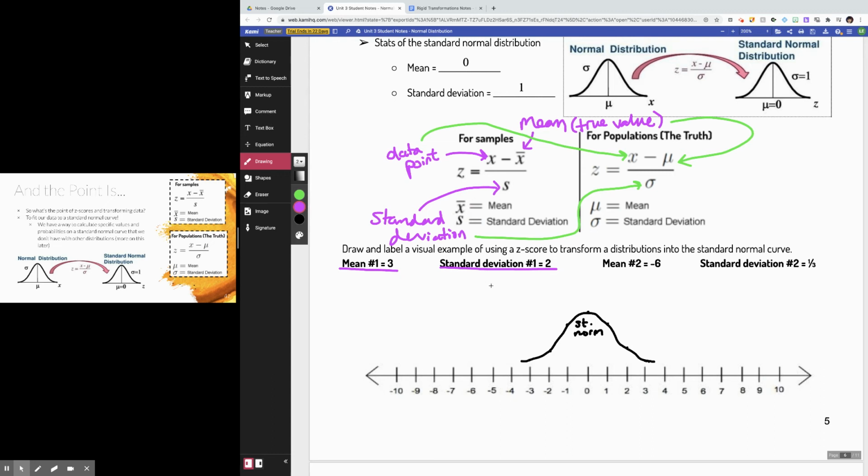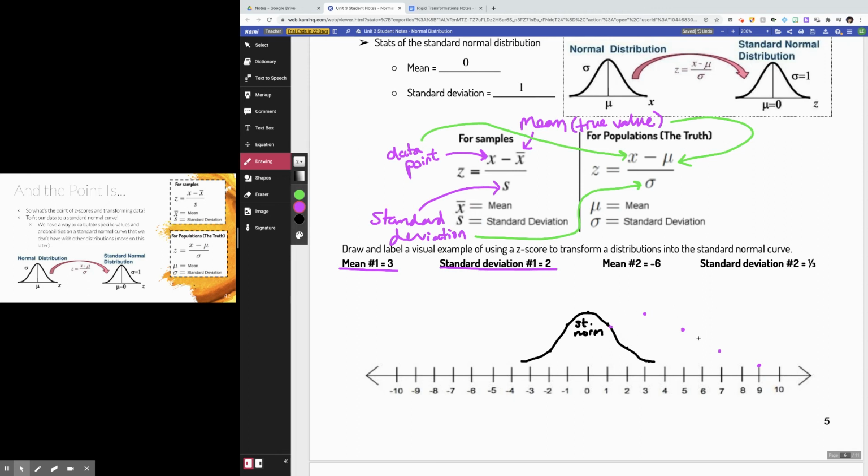Then I'm going to draw on here another normal curve, but this one has a mean of 3. So my data point starts here at 3, and it has a standard deviation of 2. That means my next point is going to be 2 up, so 5, then 7, and then the last 9. This one has a much larger standard deviation, so it's going to be much more spread out.